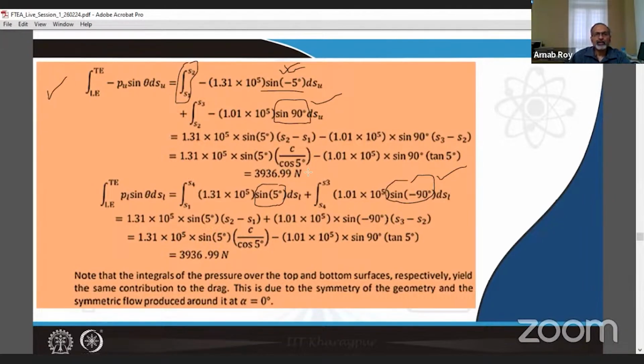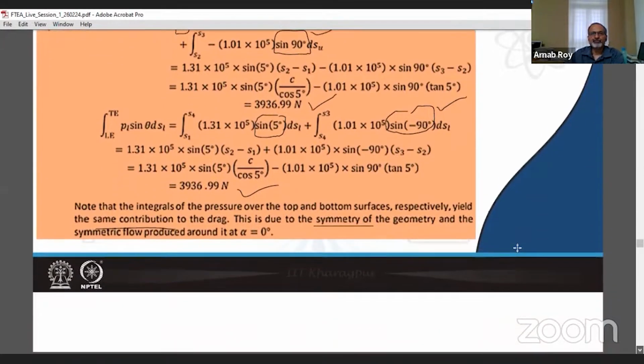You find that equal contributions come from the upper and lower sections of the body, and they yield the same contribution to the drag. And the symmetry of the geometry and the flow essentially leads to this.